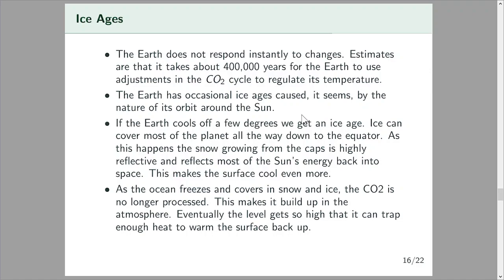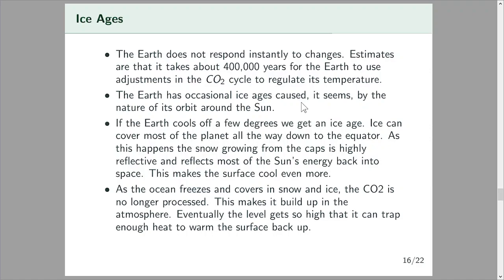Occasionally we get ice ages. We talked earlier about the tilt of the Earth's axis or some effect from the sun. All these things can ultimately cause ice ages, and it takes a long time for the CO2 cycle to respond and fix this. But here's an example of how that happens. If the Earth cools off a few degrees and we get an ice age, the ice can cover a lot of the planet all the way down to the equator.